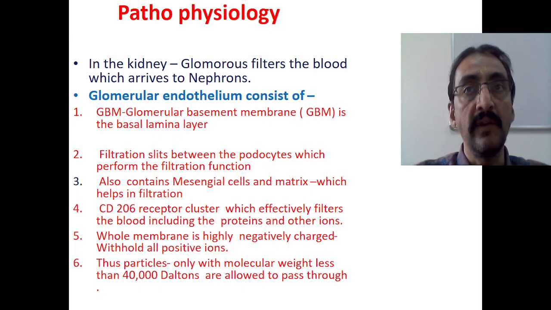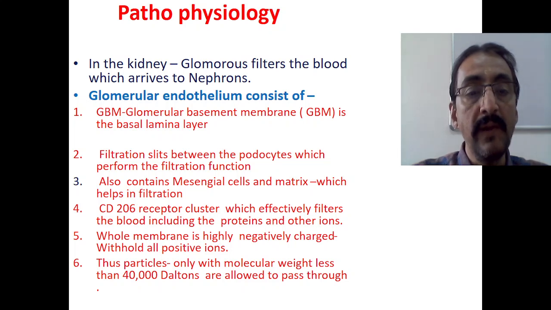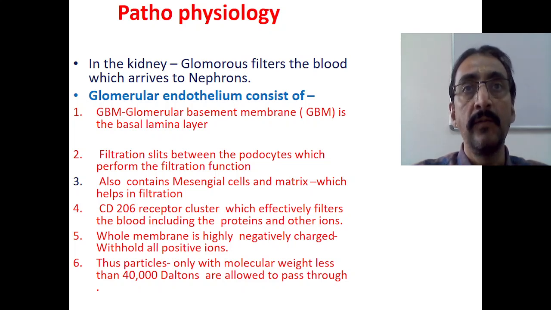Okay, the glomerular basement membrane, the endothelium, is negatively charged, it's a negative membrane, and as a result, those proteins and particles which are needed by the body, with the positive charges, effectively get absorbed. So this negativity of the membrane will not allow these ions to get lost through the filtration.